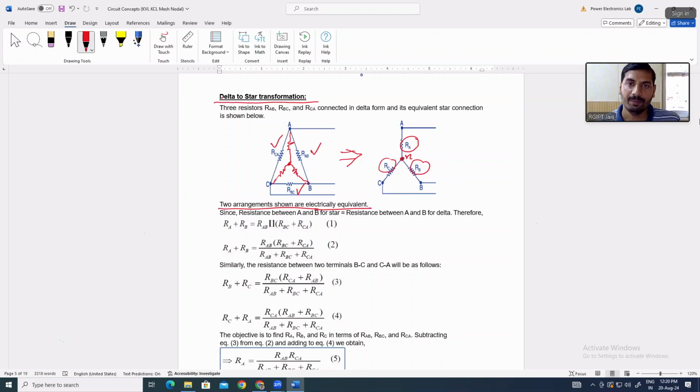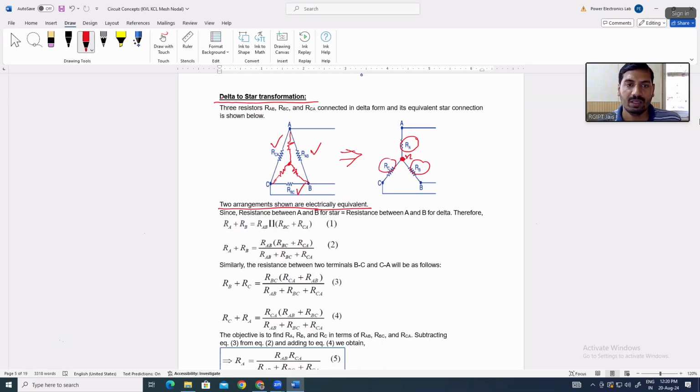That's why, if we calculate the resistance between the A and B terminals, in delta there is RAB, and in a star you can see the neutral is also there. So there are two resistances coming into the picture in a star connection.